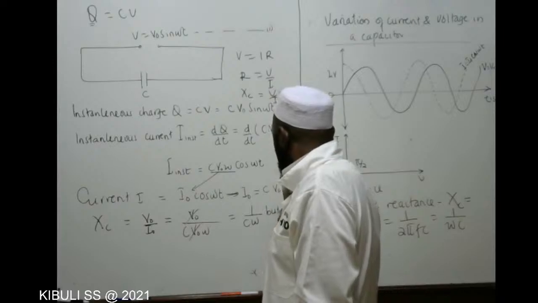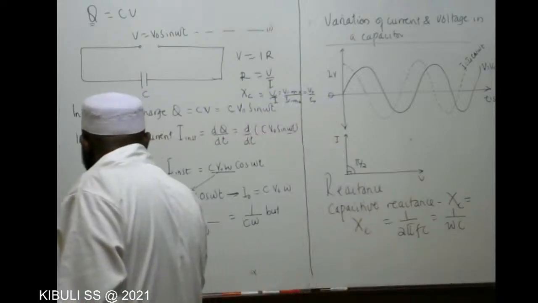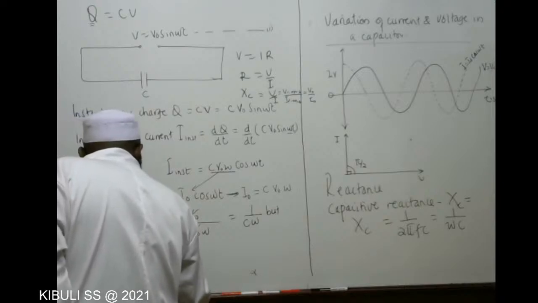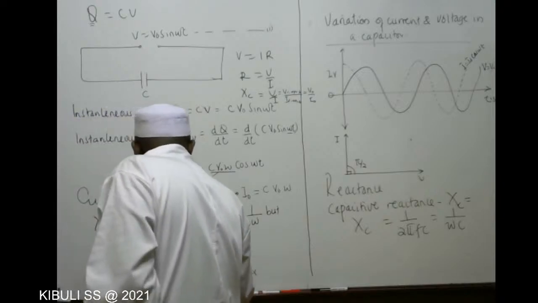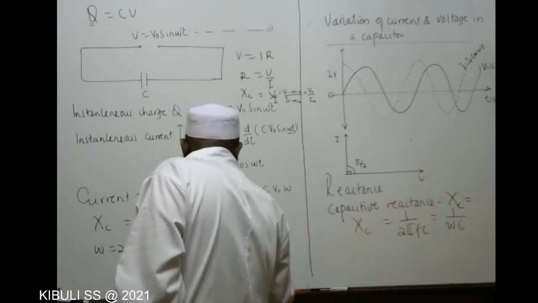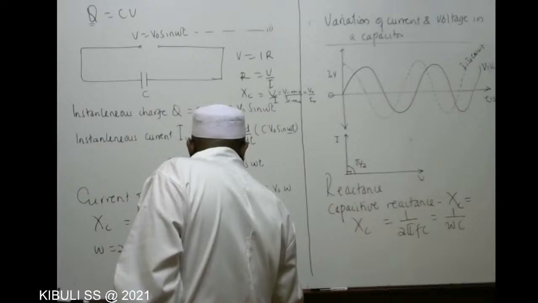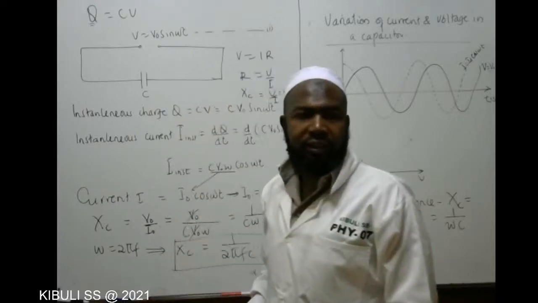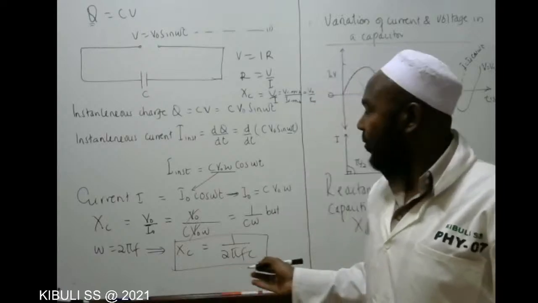But W is given by 2 pi f, implying that XC will be given as 1 over 2 pi FC. And that is the expression which we are yearning to get from the graph.